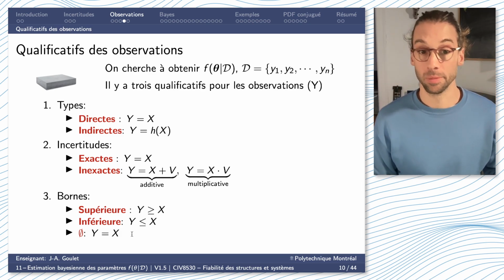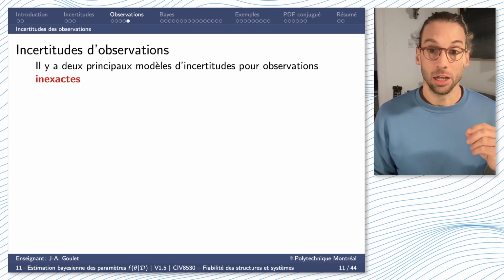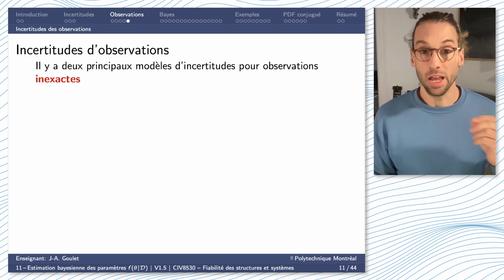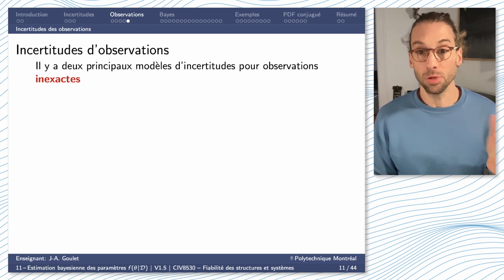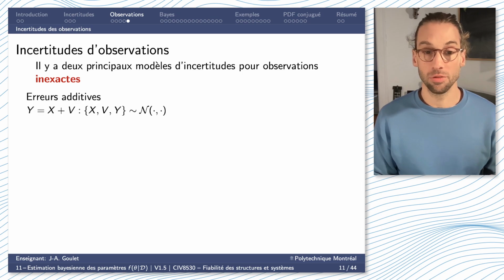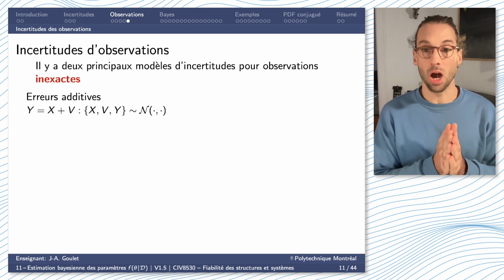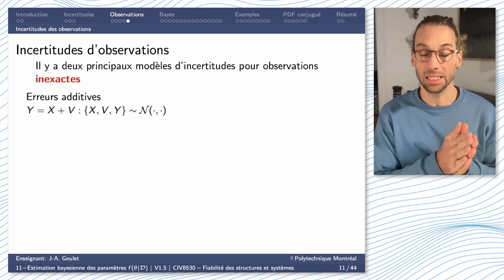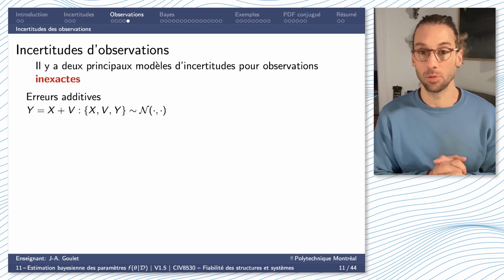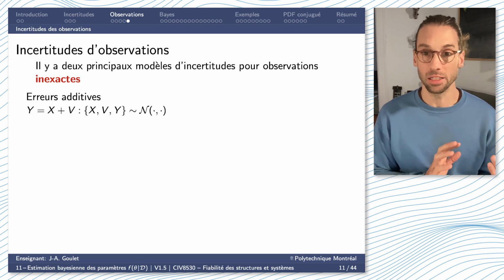So if we look a little closer at the types of observation uncertainties, there are two principal models, as we alluded to in the previous slide. The first one is additive errors. We're going to say that our observation y is the reality x plus v, an observation error. In the case where x and v are normal, y is going to be normal as well.